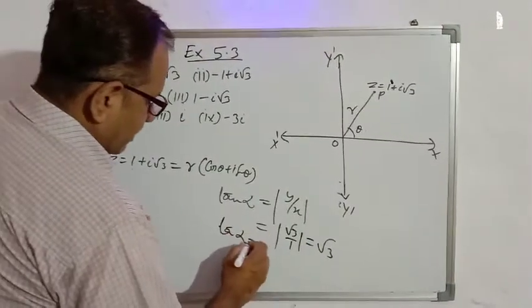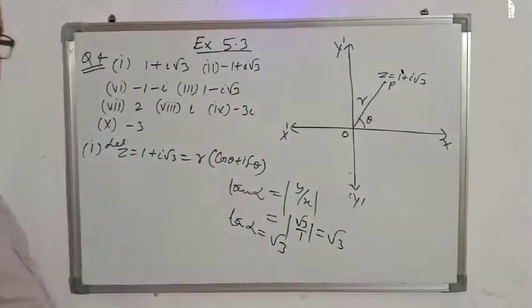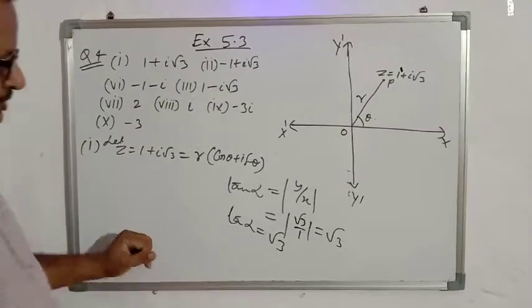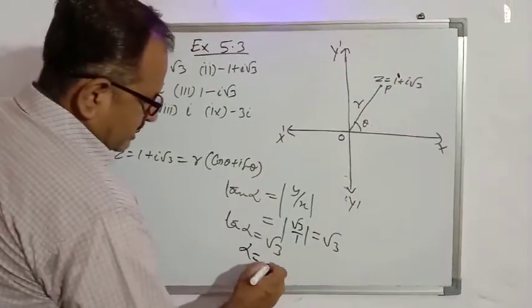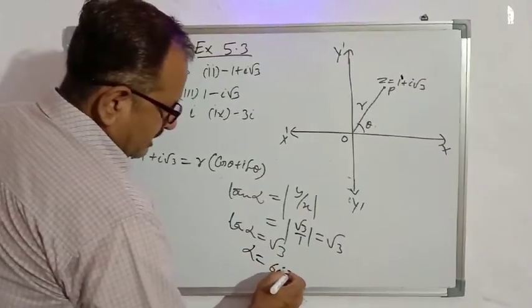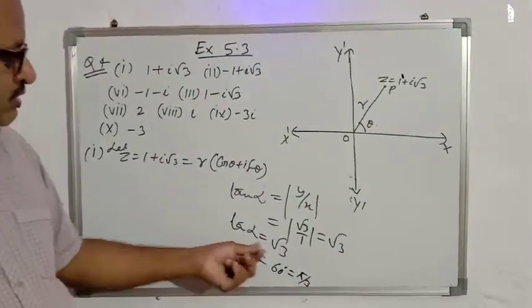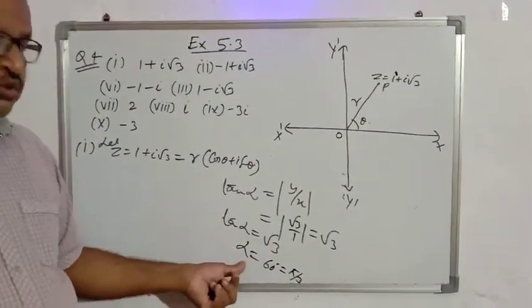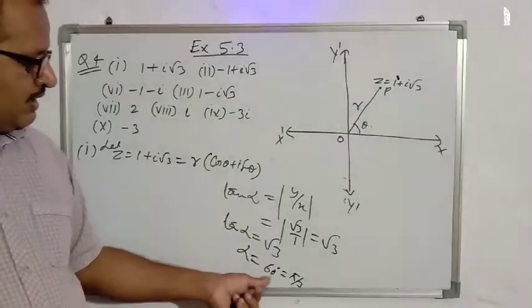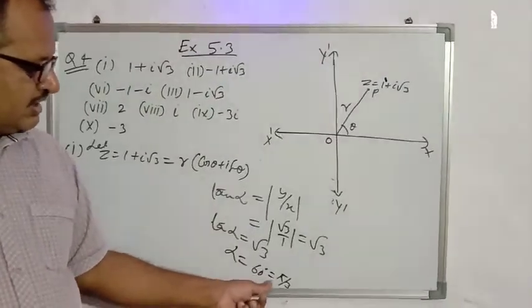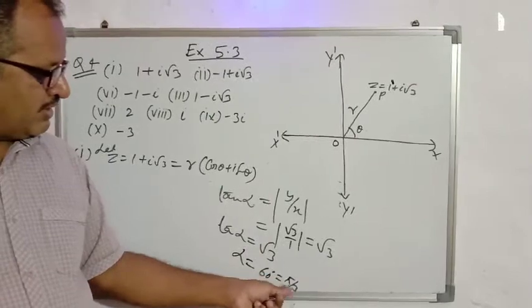So tan alpha is equal to root 3. So what will be the value of alpha? 60 degree. 60 degree means pi by 3 radian. We know that tan 60 is root 3. So alpha will be 60 degree, and 60 degree means pi by 3. Pi is 180, 180 by 3, 60.